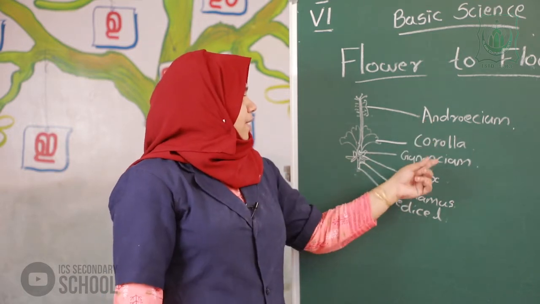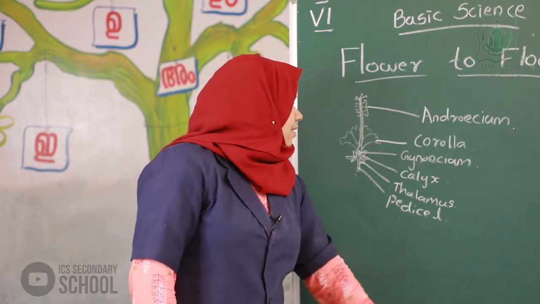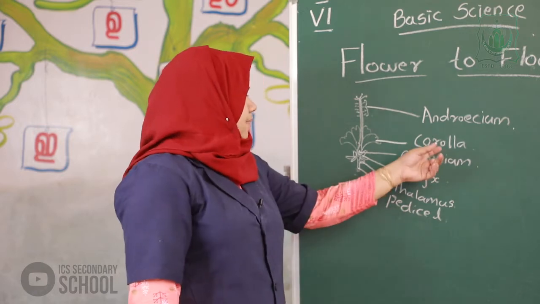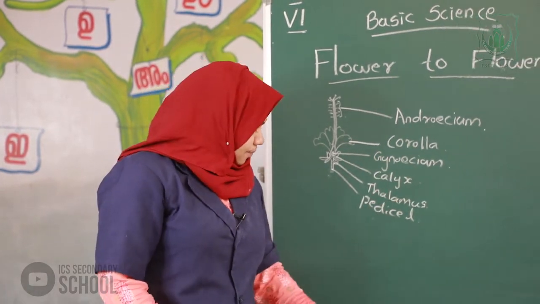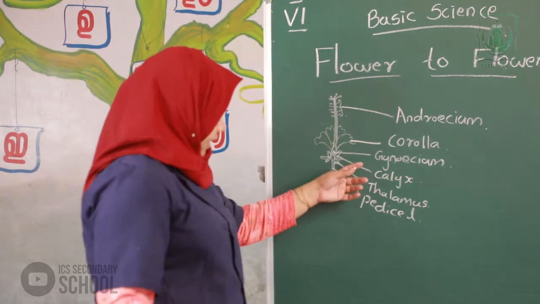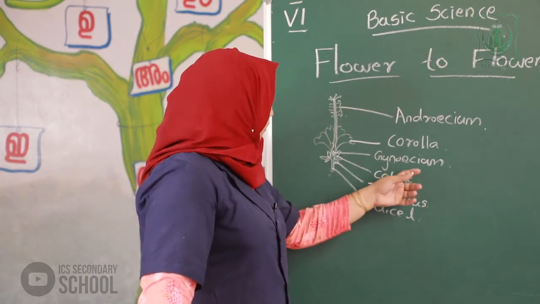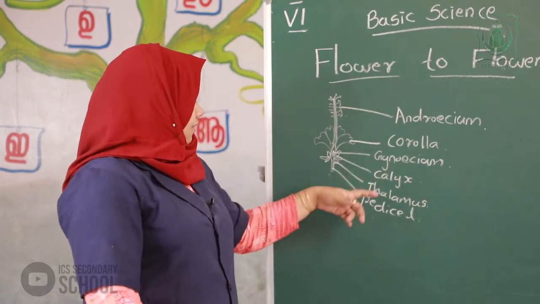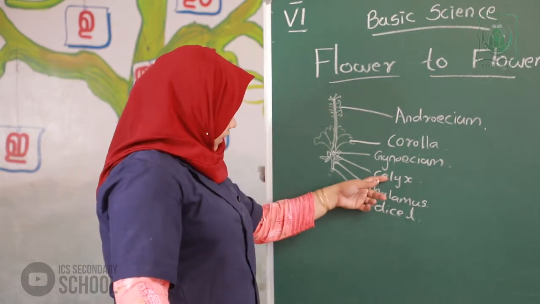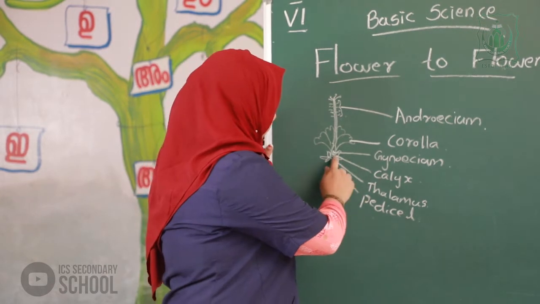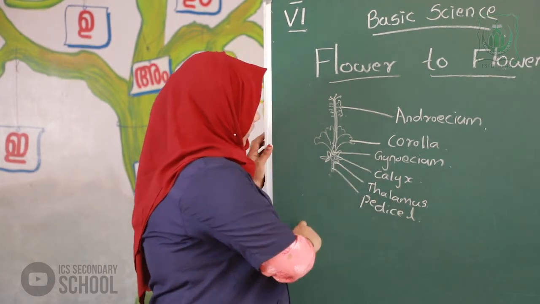Then what is corolla? Corolla provides color and fragrance of the flower. Then what is calyx? Calyx protects the flower when it is a bud.